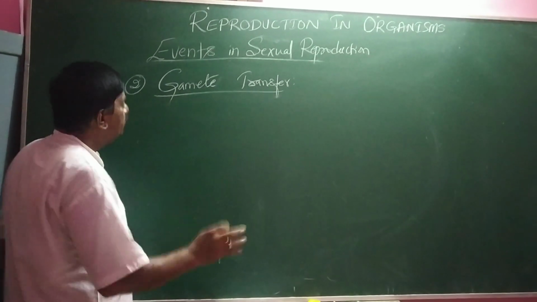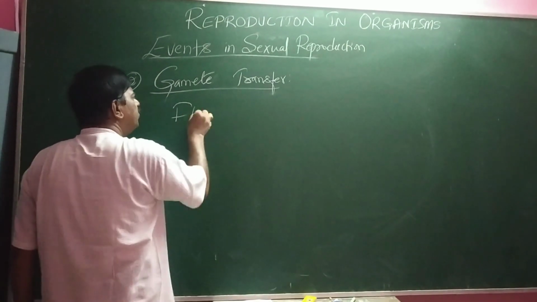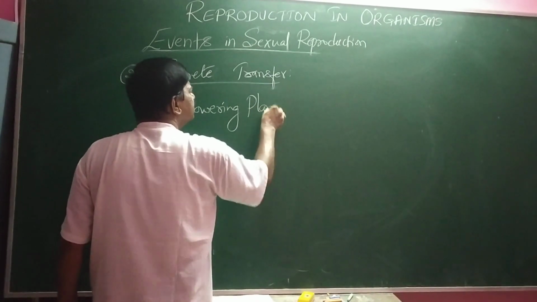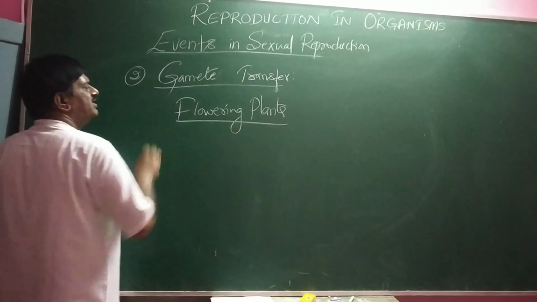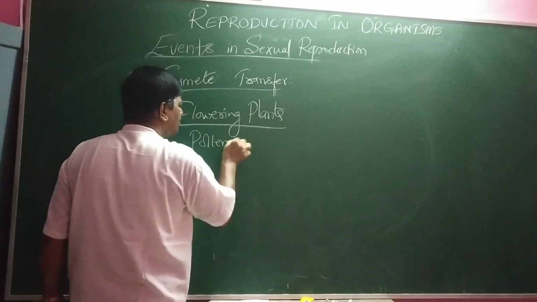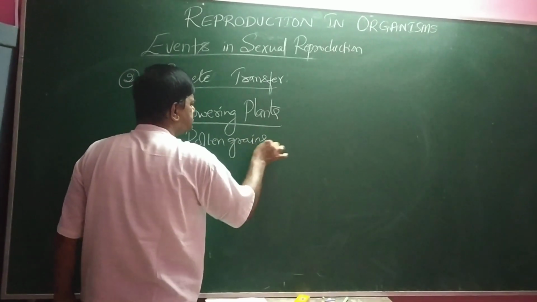Next, we are going for flowering plants. In higher flowering plants, the male gamete is always called pollen grains.